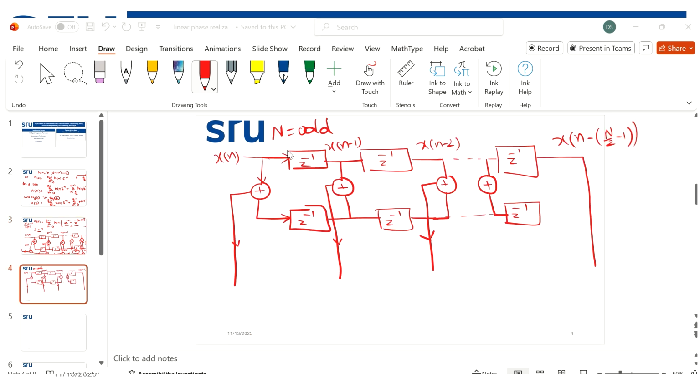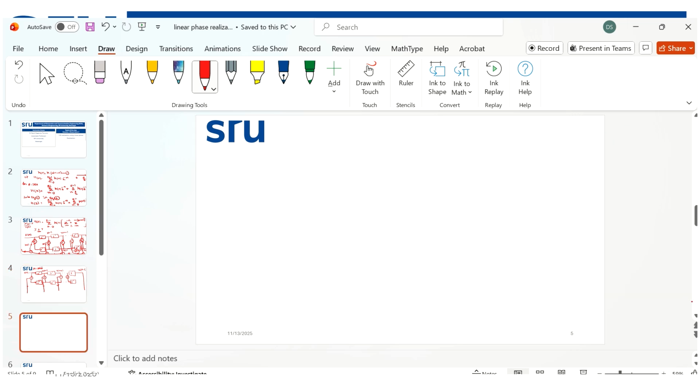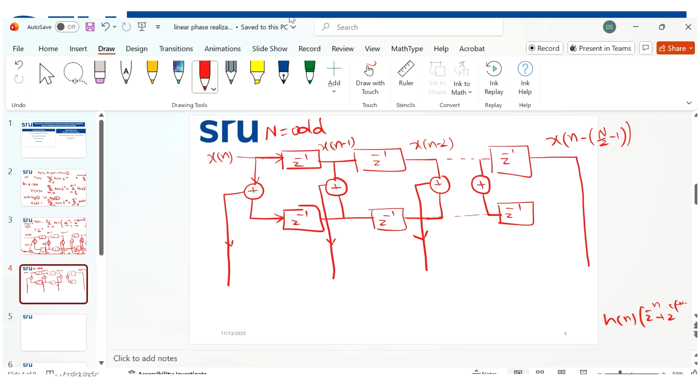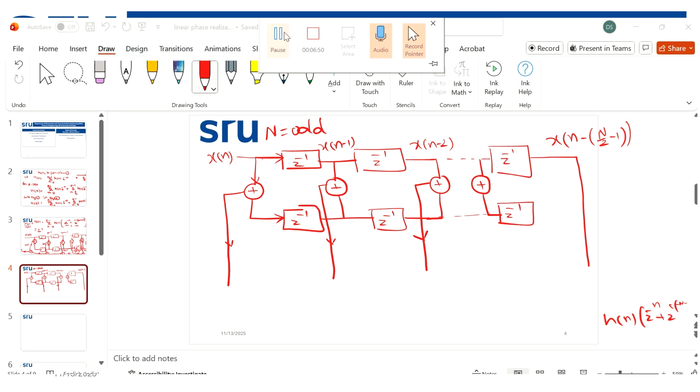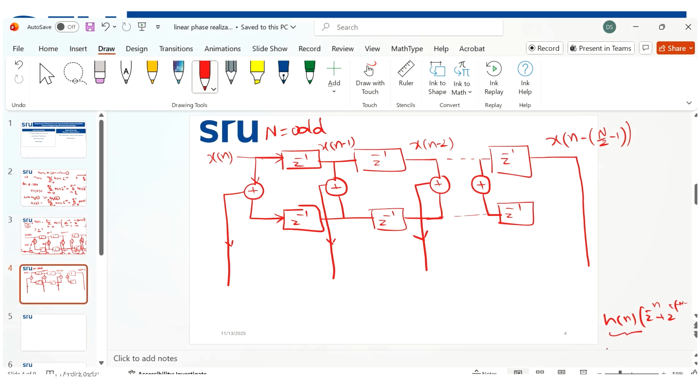If you are identifying it for N equal to an odd value, this is the first delay and this element is the last delay, right? So we have the linear phase realization, that is, h of n into z power minus n plus z power minus of (N minus 1 minus n). In the same factor, we have h of n, that is the coefficient.